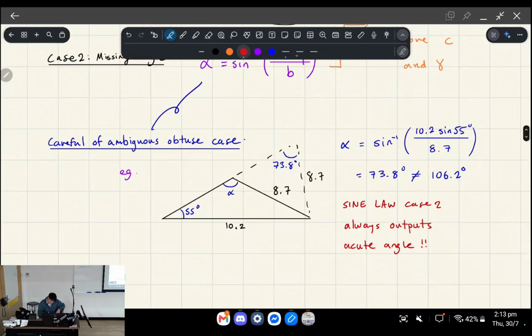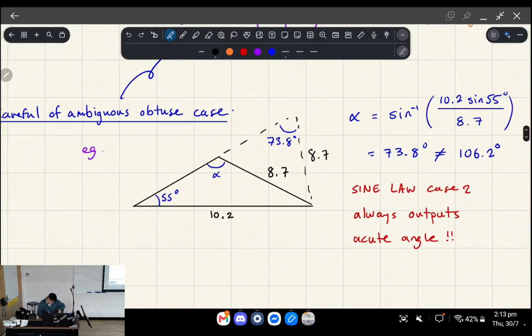For example, if you have a triangle that looks like this, and you want to work out alpha, and you can see alpha is greater than 90 degrees here, what happens is when you punch in these side lengths of 8.7 and 10.2, as well as this angle, and you're trying to solve for alpha, you actually get this angle over here, the acute angle 73.8.